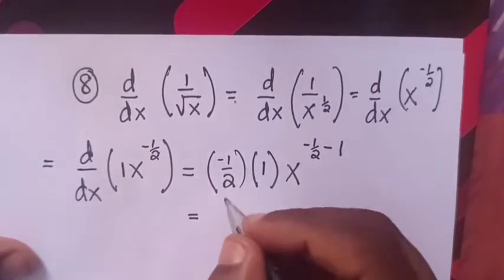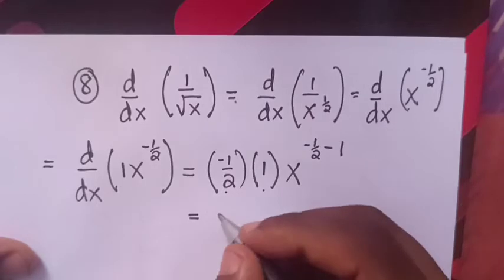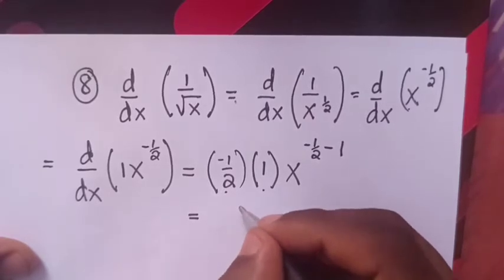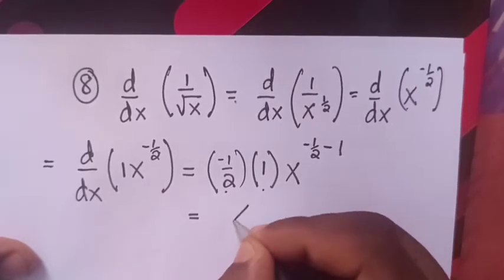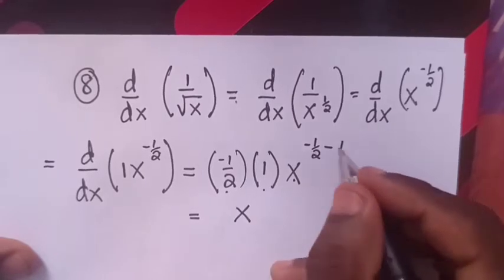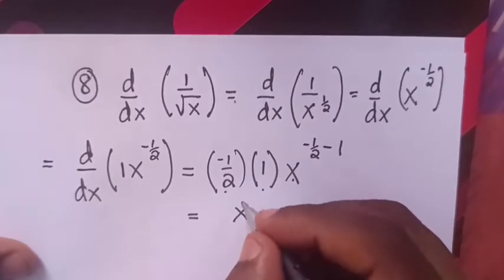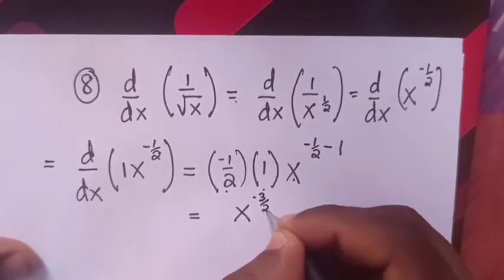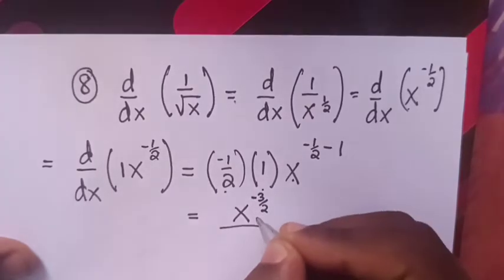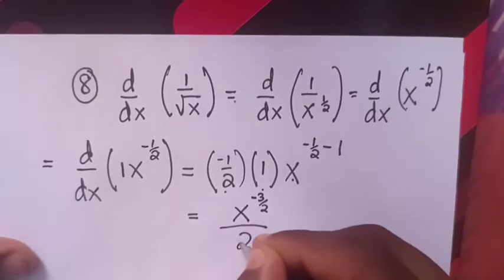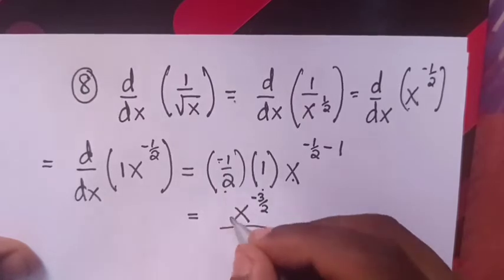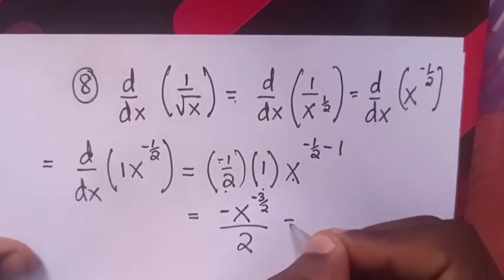So this will be equal to negative a half times 1 is negative a half. So we write x power of negative a half minus 1 is negative 3 over 2.